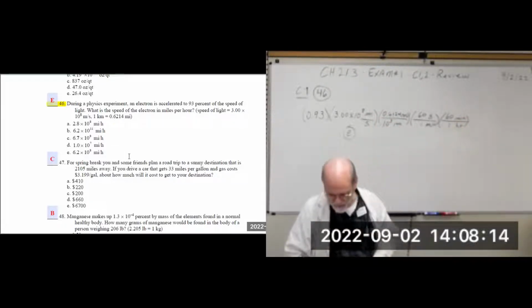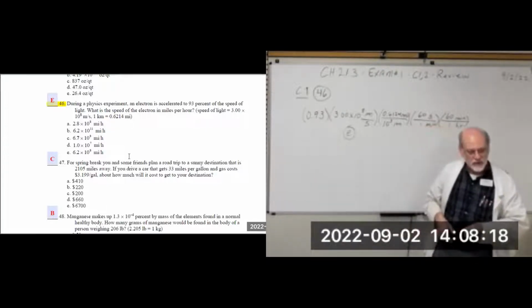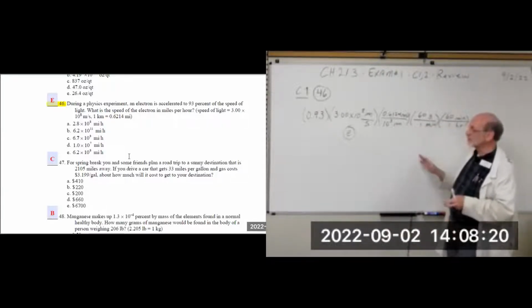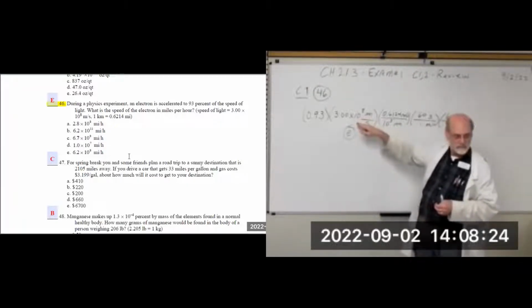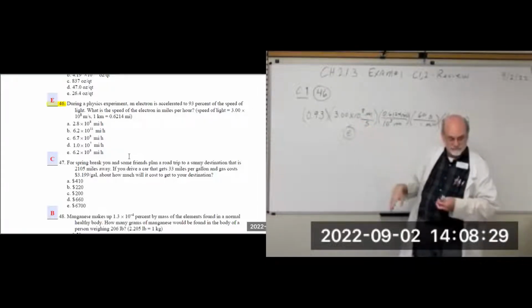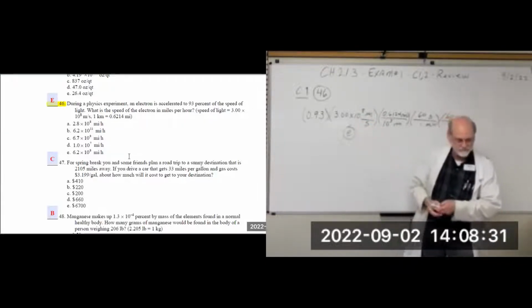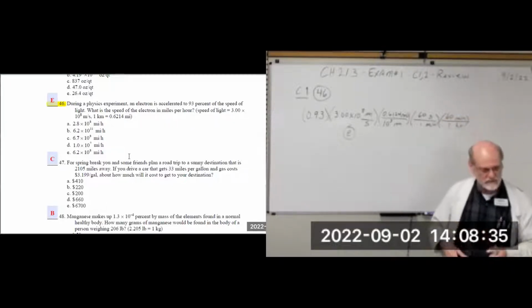Yeah, I was in the ballpark. Answer 6.2 times 10 to the 8th. But when you're estimating, sometimes all you have to do is be sure that the magnitude of your 10 power is in the right range. And that's what I just did. Doing that estimation in your head. And that takes practice.